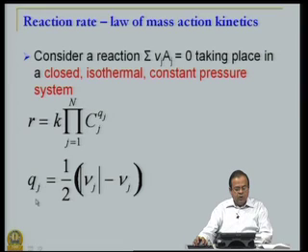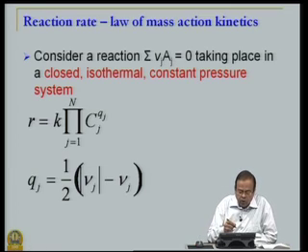So, for example, if Qj is half of the difference between mod nu j and nu j, then we say the reaction follows law of mass action kinetics.